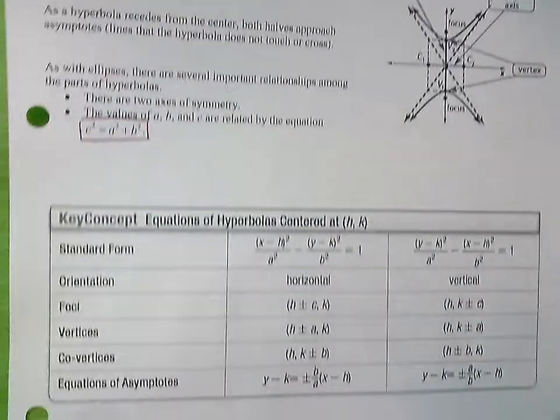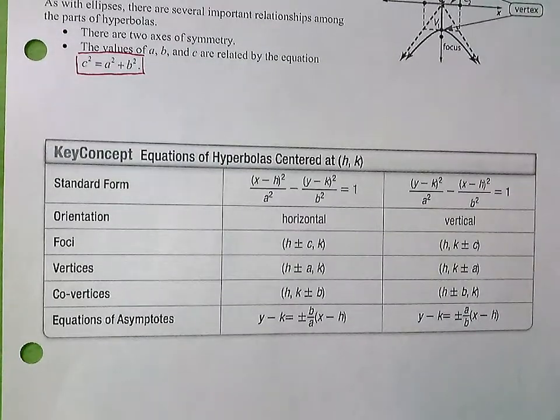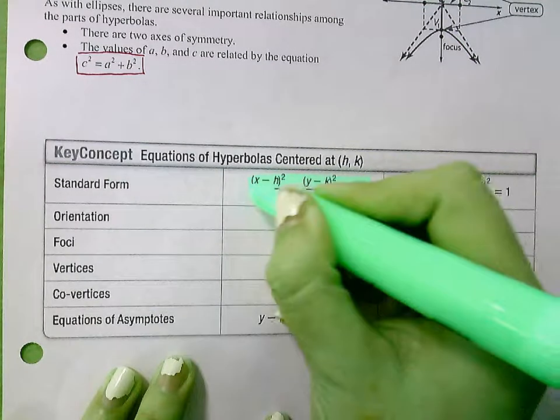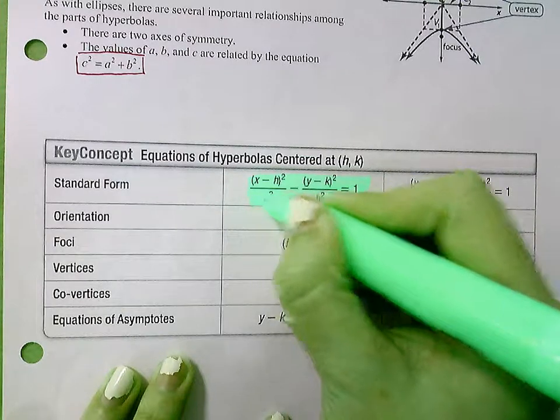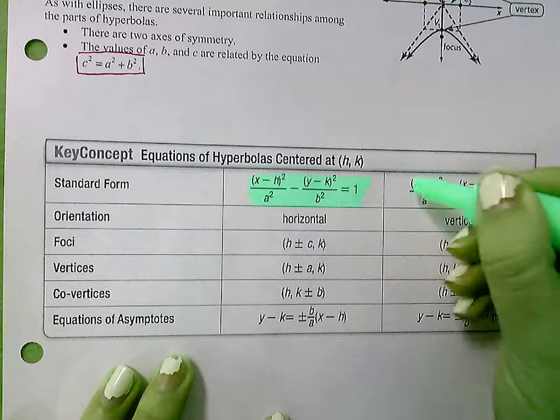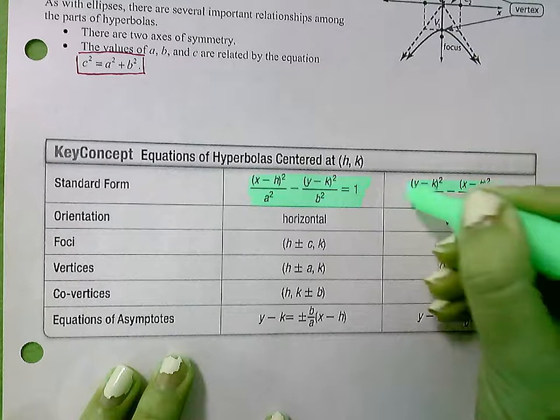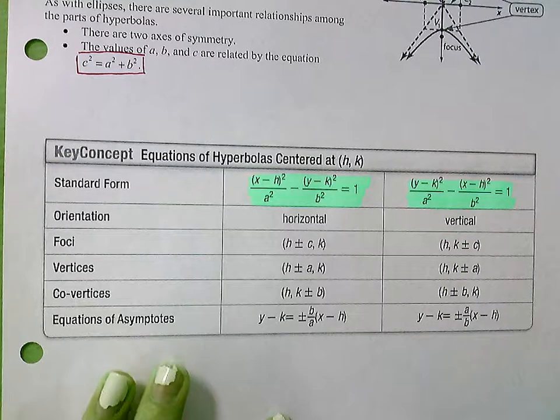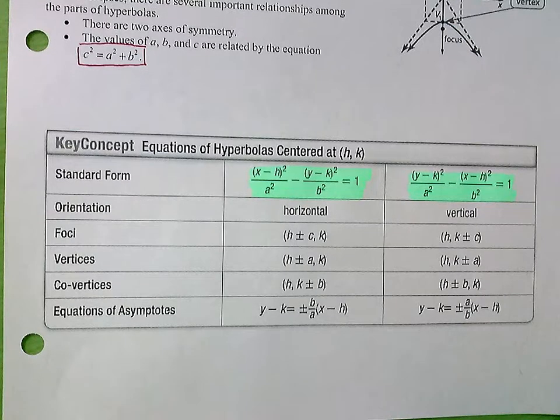So we also have our table. Again, two forms of your equation. This is the one for horizontal. And our vertical standard form. Now this one is a little bit different than our ellipse.